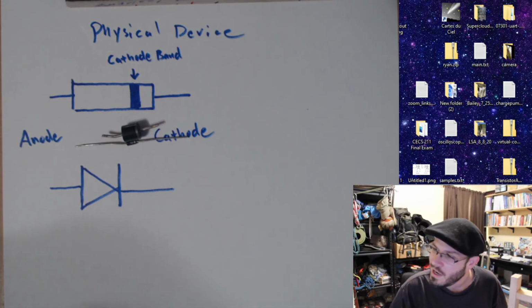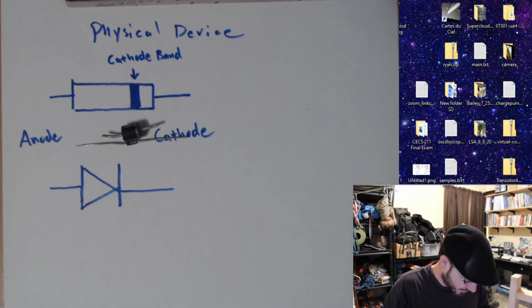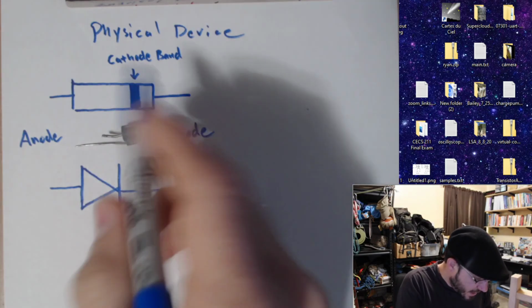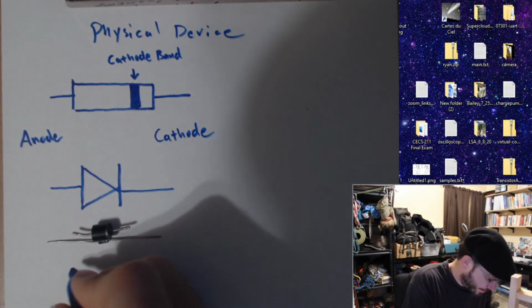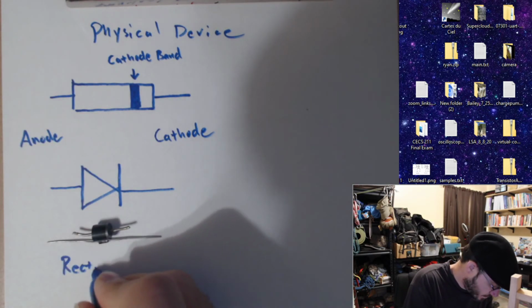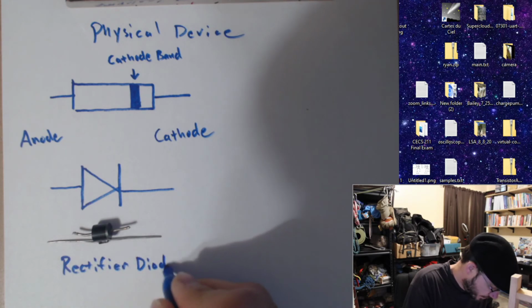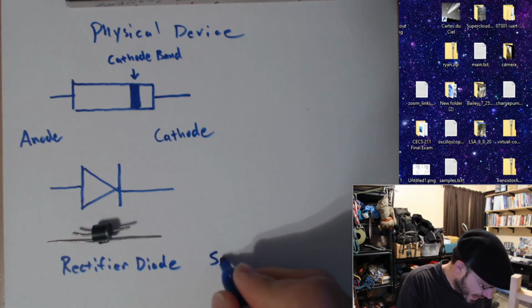There is also another type of diode. These are known as rectifier diodes. I'll put this down here. We also have something called a signal diode.